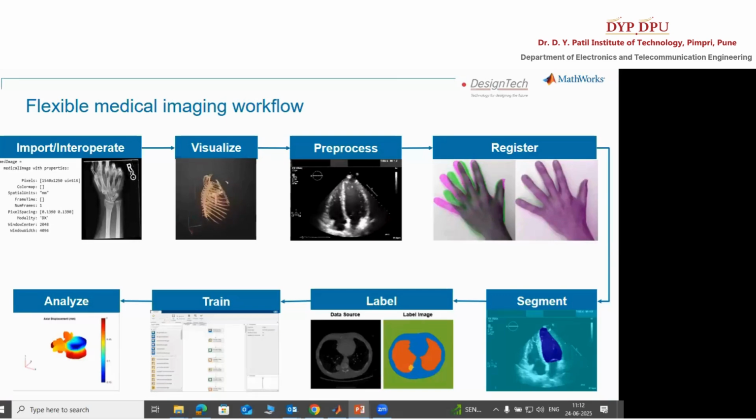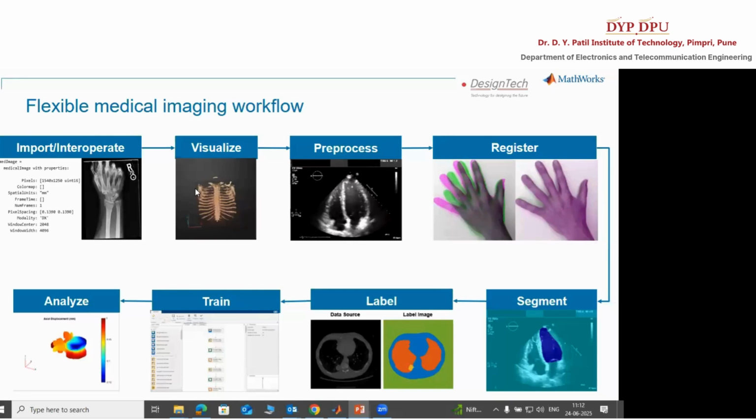This is the complete workflow. We start by importing the data, then visualize it, pre-process and register it, then segmentation, labeling, training, and analysis. This is the complete flow for any medical image workflow; if you are working with medical images, these are the steps you have to follow.